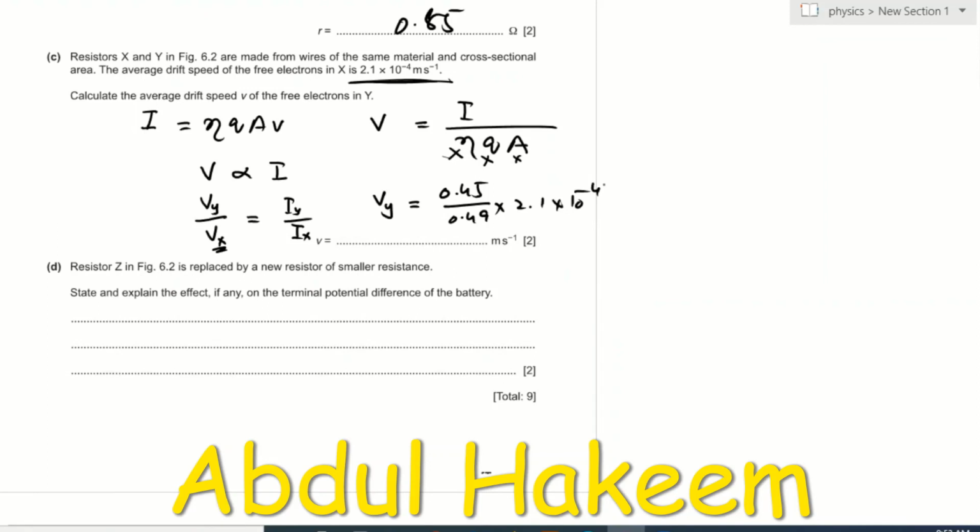So after the calculation, the answer is 1.9 times 10 power minus 4. This is the drift velocity in resistor Y.